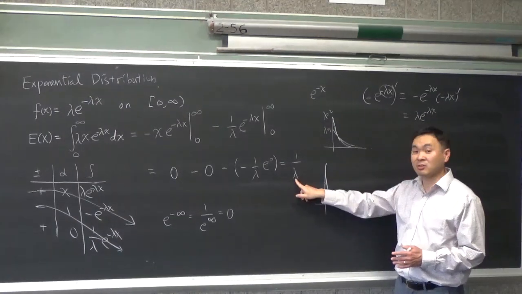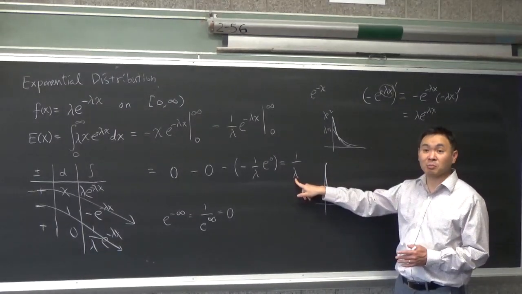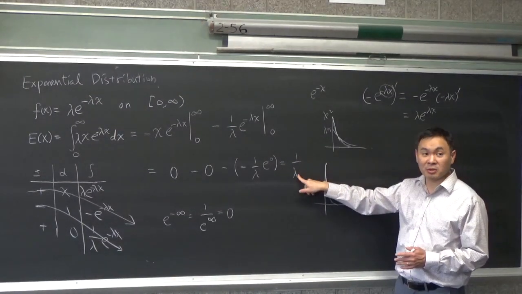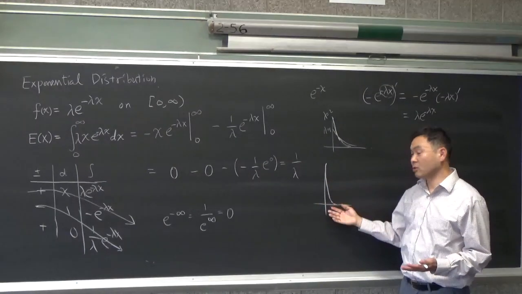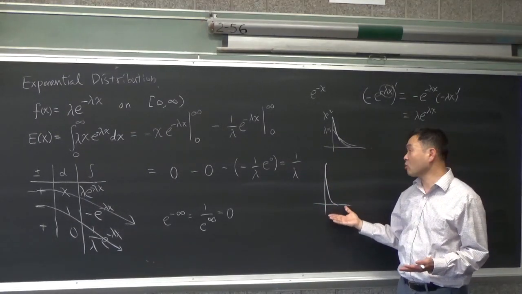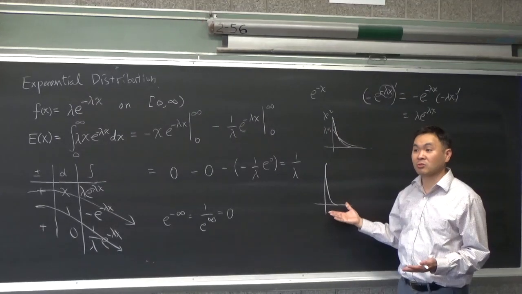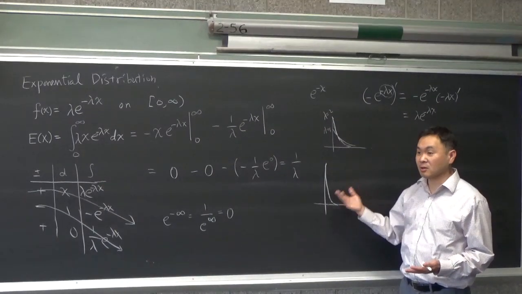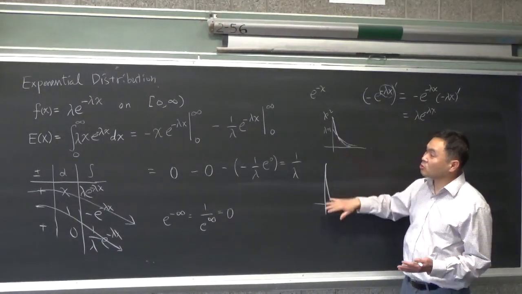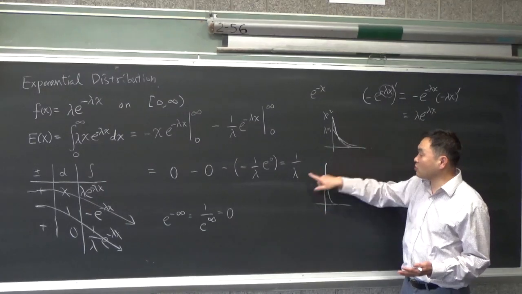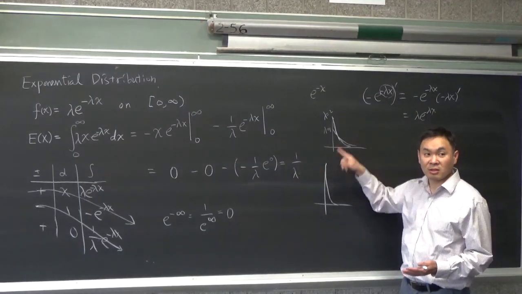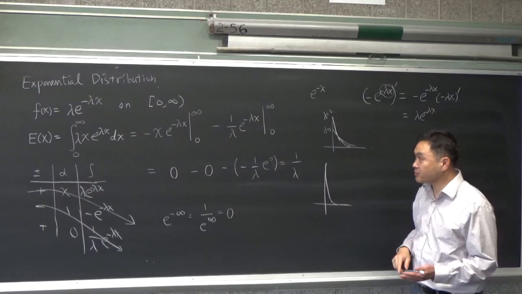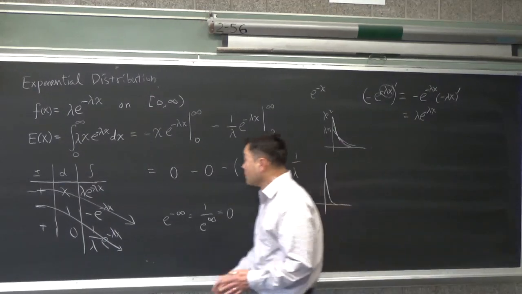And that's exactly what this result is saying. If lambda is big, then you have 1 over a big value which is small. So it is in accordance with the graph that you see. It's good to try to rationalize your answer by thinking of what's happening to the graph.